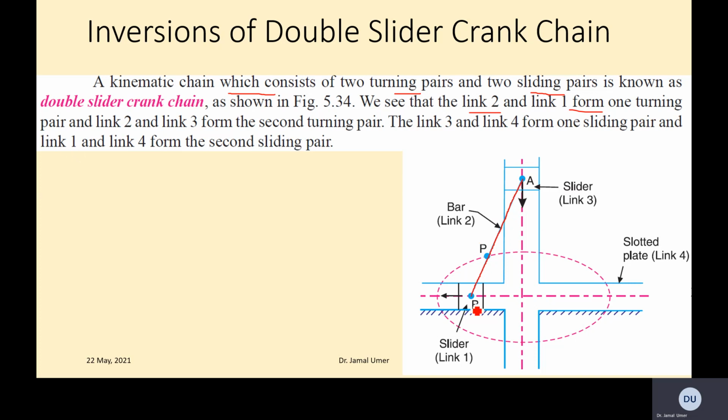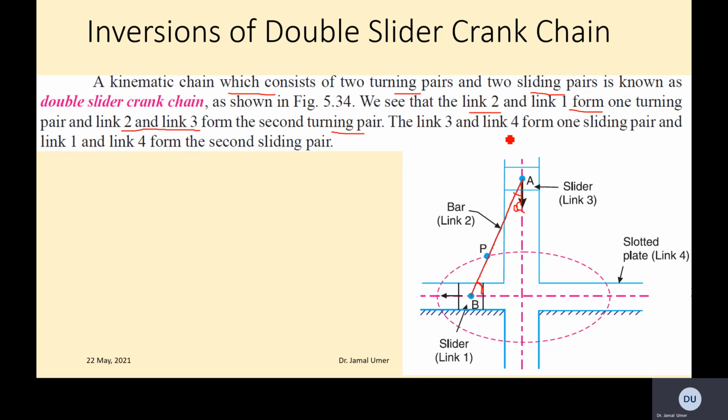Link 1 is this cylinder B, so it is making a turning pair. And link 2 and link 3 form the second turning pair. Turning pair means it has some angular movement, let's say alpha.